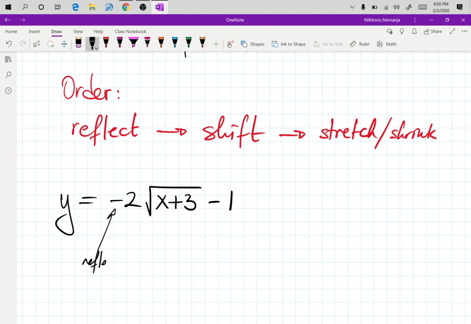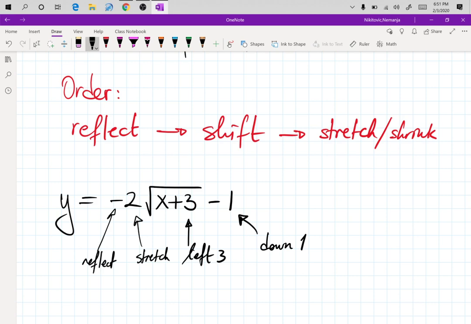Reflection, stretch, no, that's a left 3, down 1. You can also write a list or like a table of these things on a side. Organize it any way you want, just have a clear picture that each one of these does something.